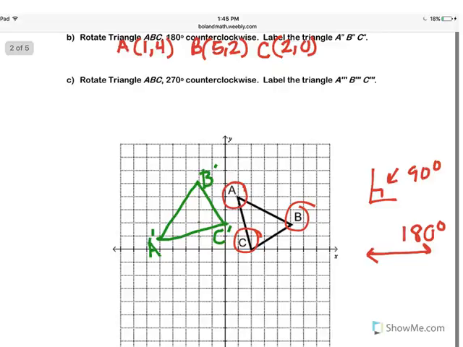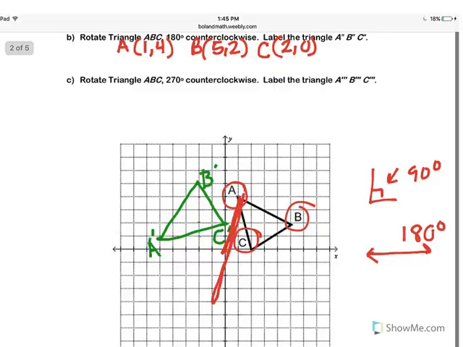Okay, so that would be a straight line from A that goes through the origin, and it's just a straight line.